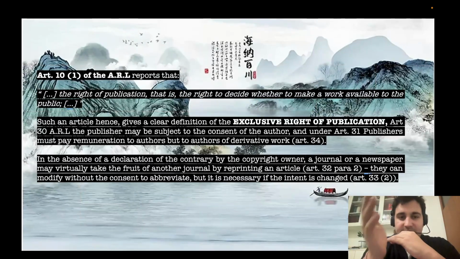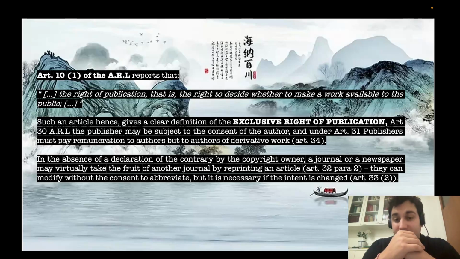Now let's start to have a brief overview. So subsection 1 is the right of publication, that is the right to decide whether to make a work available to the public. So this one is the right of publication, that we will call the right of communication to the public.